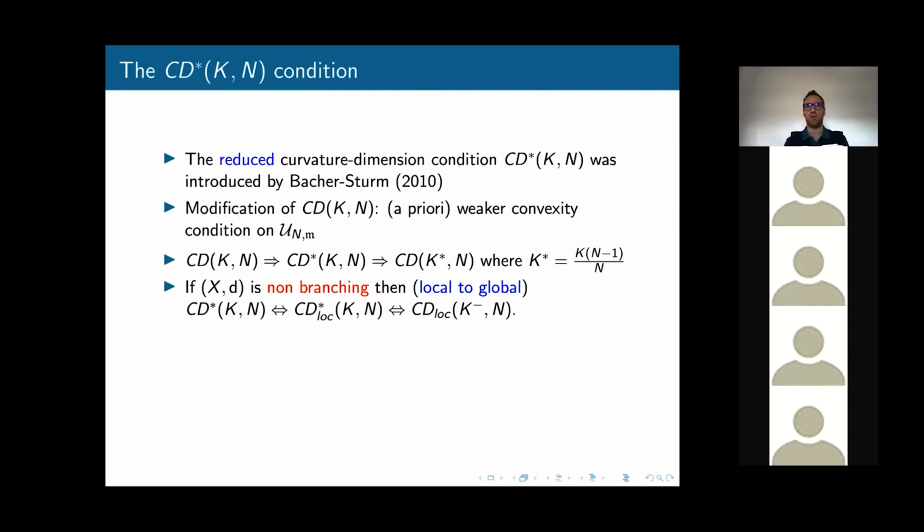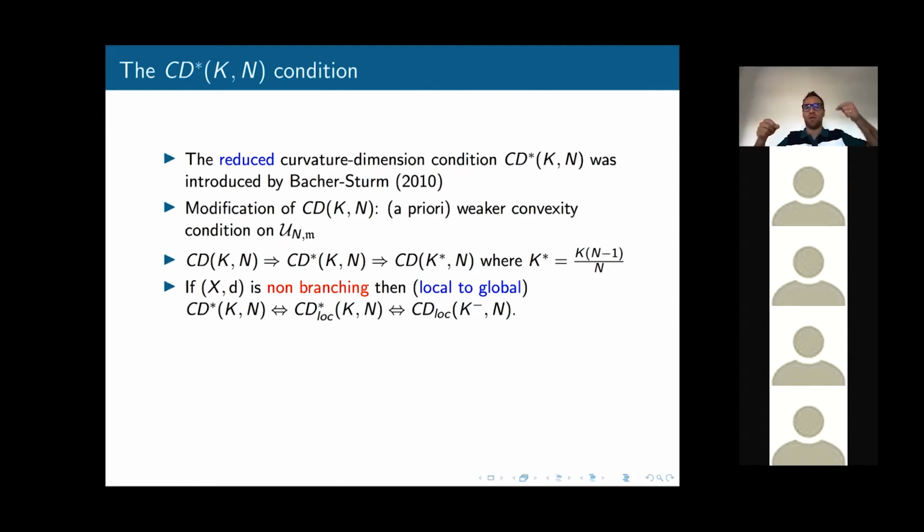And this is a bit surprising, because when you are on a smooth manifold, the Ricci curvature is something defined pointwise; it is enough to control that the Ricci is bounded below at every point. Here it is more tricky, because if you remember the definition of CD(K,N), your two measures can be very far away.